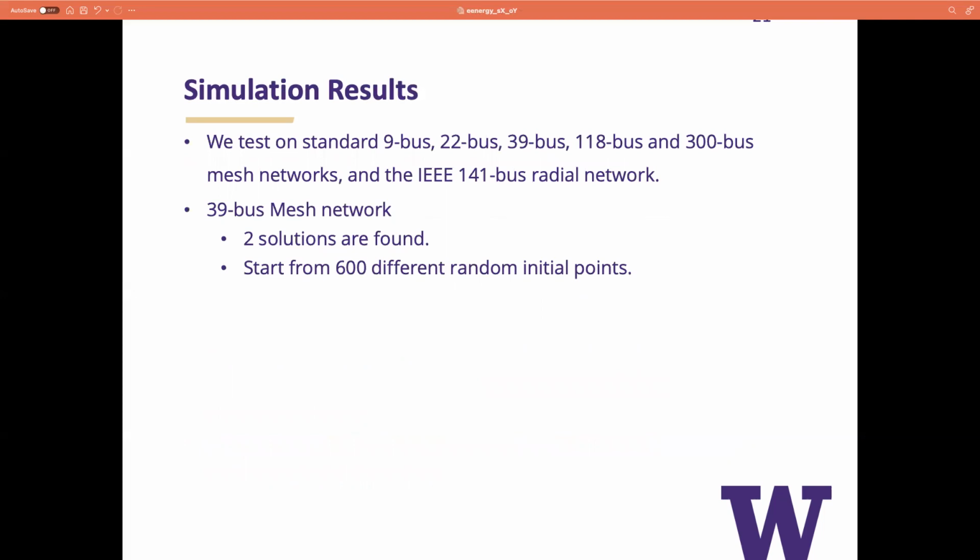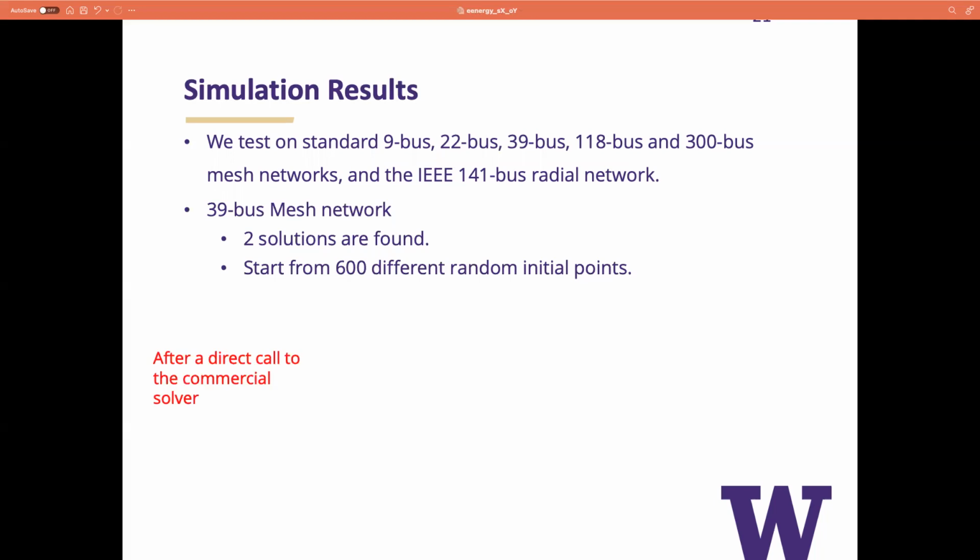We have tested our algorithm on different sizes of the IEEE standard networks, but I'll show the simulation results in a 39-bus mesh network first. In this example, we can find 2 solutions, and we start the solver from 600 different initial points, which are selected randomly.